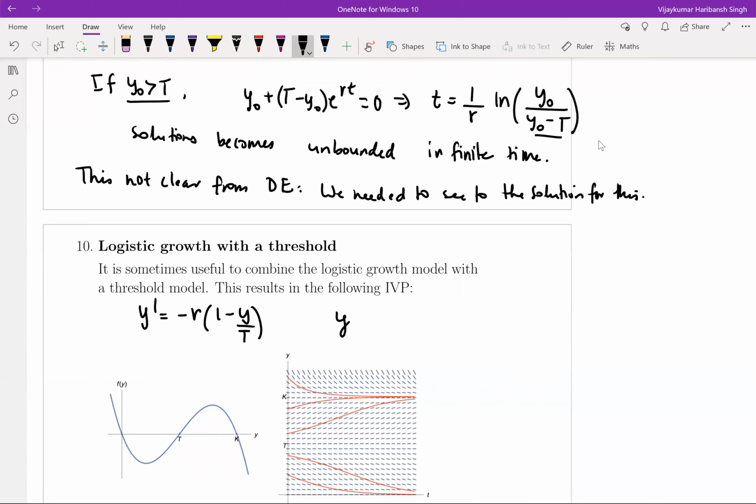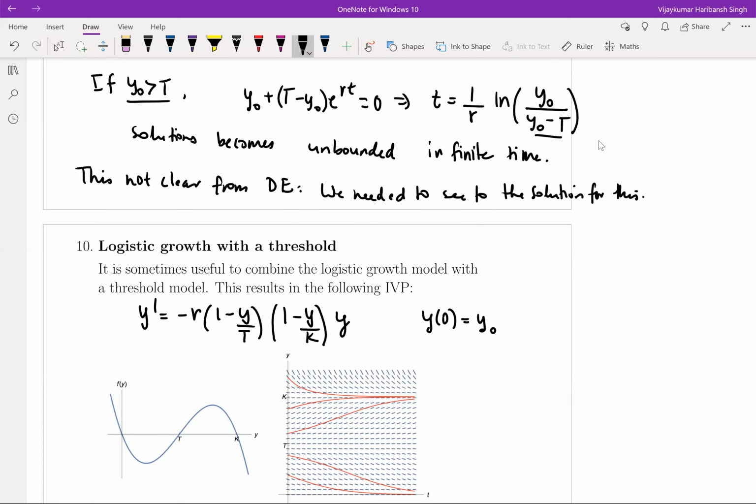This part is for your threshold growth, and then you put this for logistic. This is an initial value problem which has both of them together. Let's see what we get out of this. You need to look at the sign of this to draw the phase lines, because phase lines will tell you everything.